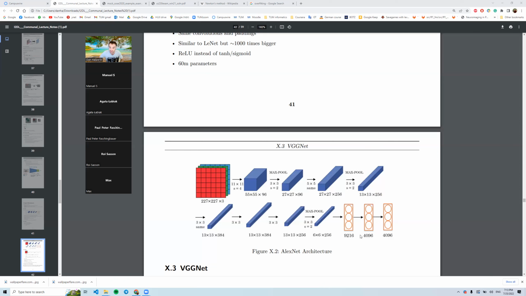We actually said a lot of good stuff here today, but what I want you to understand is that, for example, these architectures cannot take different sizes. 11 by 11, this is too big. For one pixel, it's apparently just too big of a neighborhood.